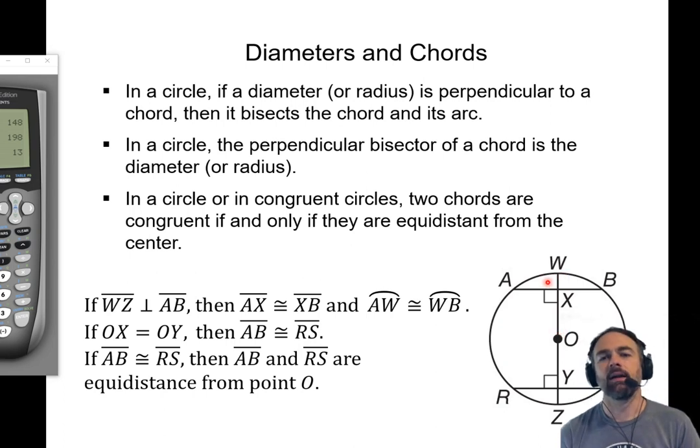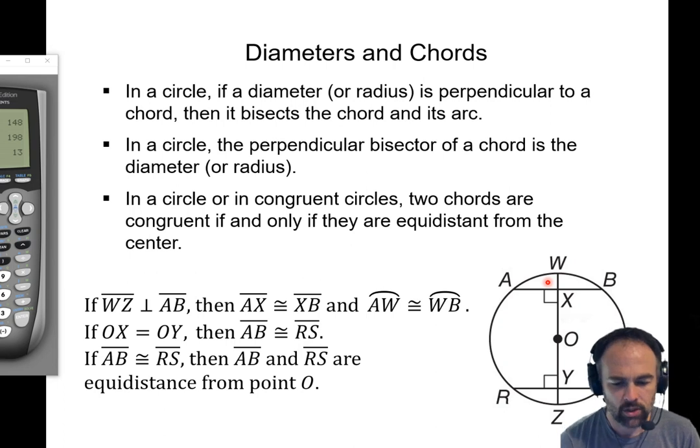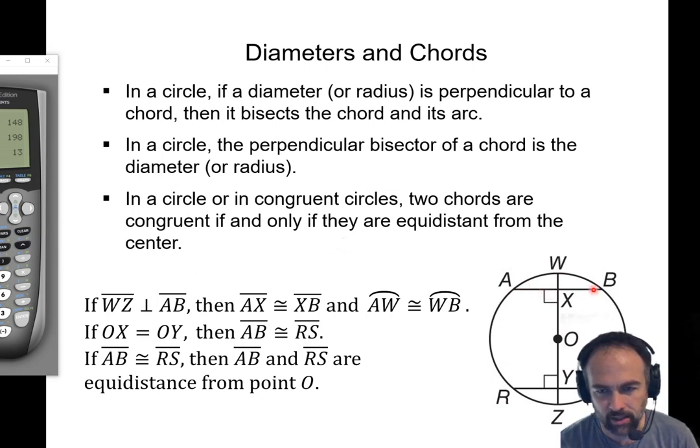In a circle or congruent circles, two chords are congruent if and only if they are equidistant from the center. What that means is that AB is congruent to RS only if XO is congruent to OY. That means that the distance from the center to the line must be congruent in order for these chords to be congruent. Notice when we measure distance, we're always doing right angles. We're doing a perpendicular line.